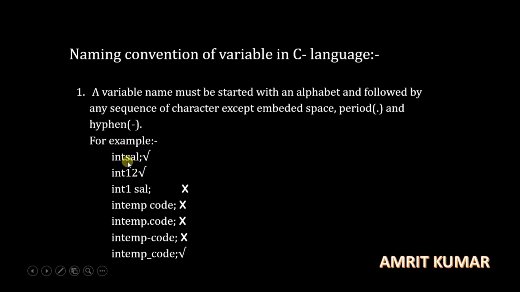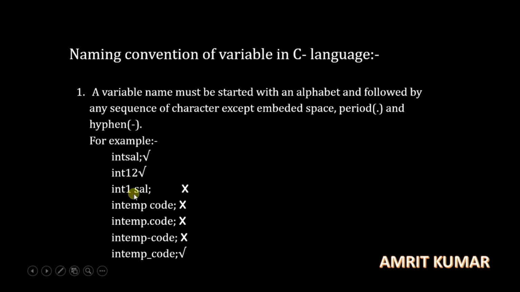Here it is an alphabet, so the variable name starts with an alphabet and is followed by any characters. So this is the right variable name. Again here you are seeing that it also starts with an alphabet and is followed by a sequence of characters, and there is no space, period or hyphen, therefore it is also right.